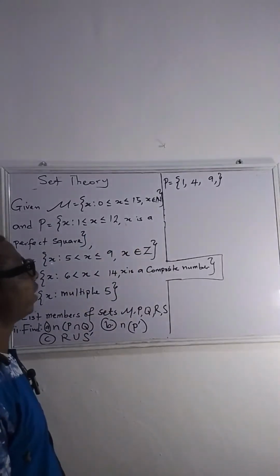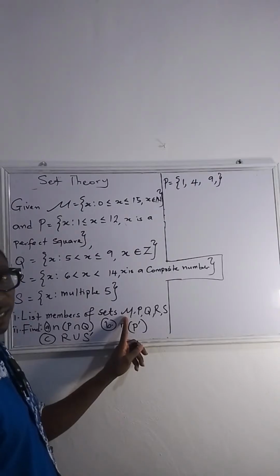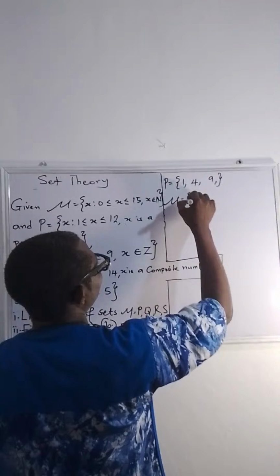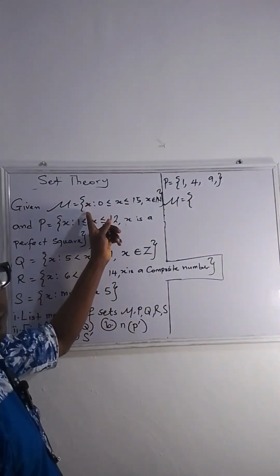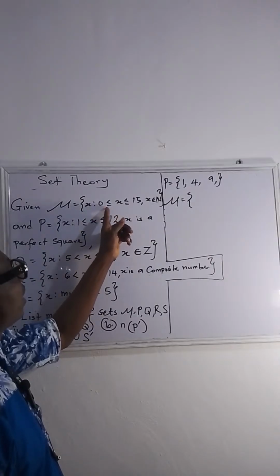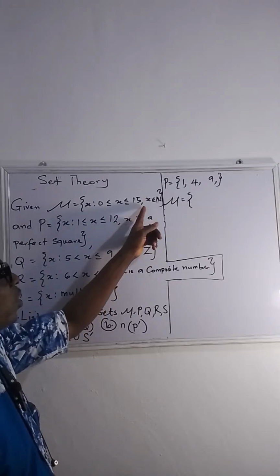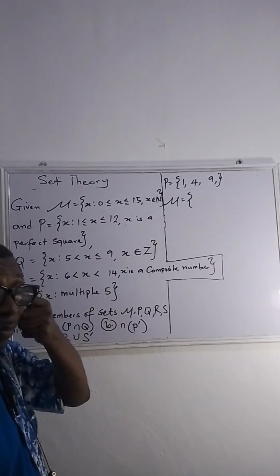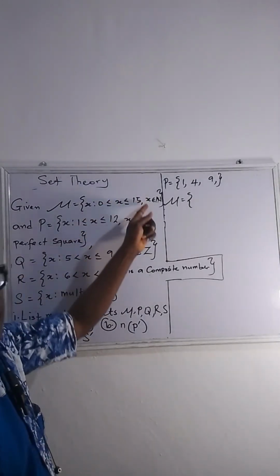Now I think we also have to find the members of the universal set. U is the set of x such that 0 is less than or equal to x and x is less than or equal to 15, where x is a natural number. So we are going to list members of this set that are natural numbers.